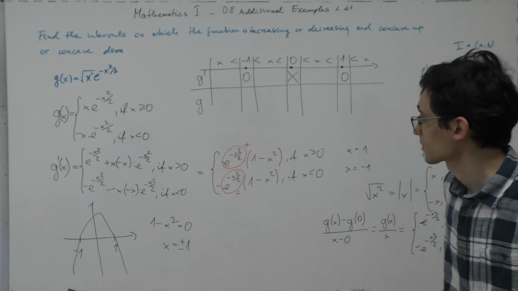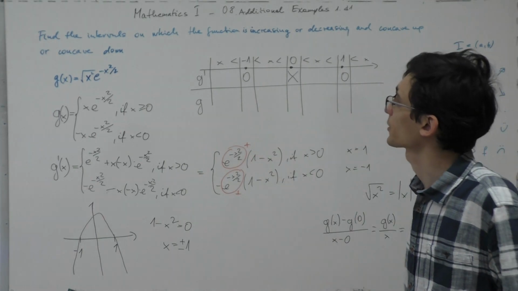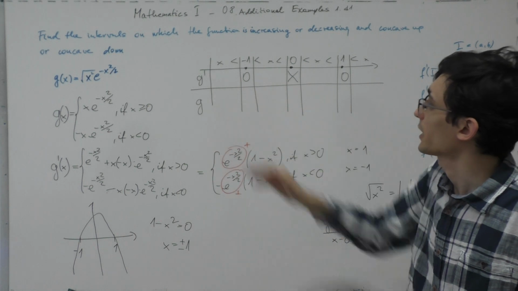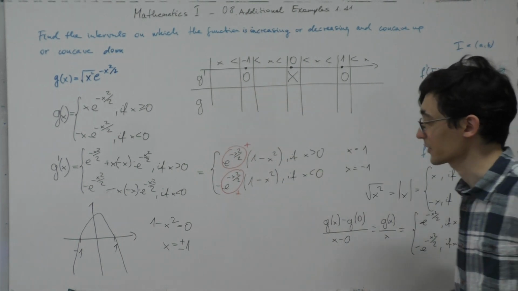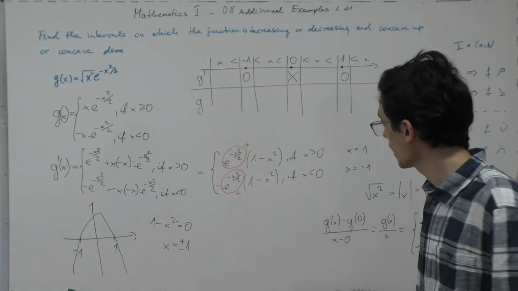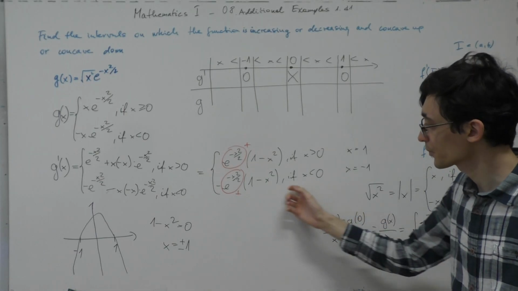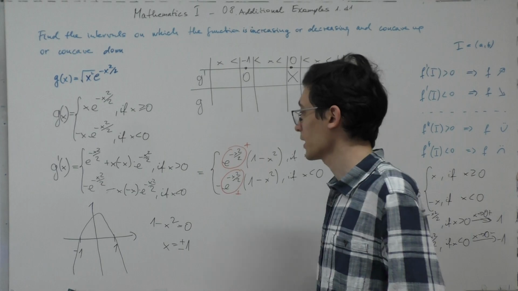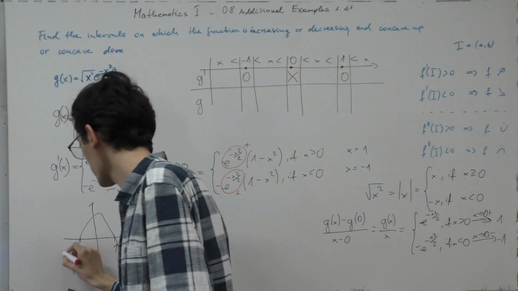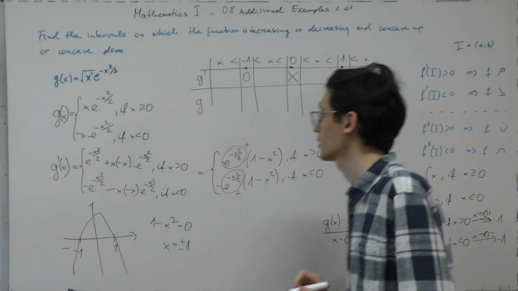So, looking at our first interval, which is x less than negative 1, sorry. Here we have this function, this bottom one, and we can see that our interesting part is negative over here.